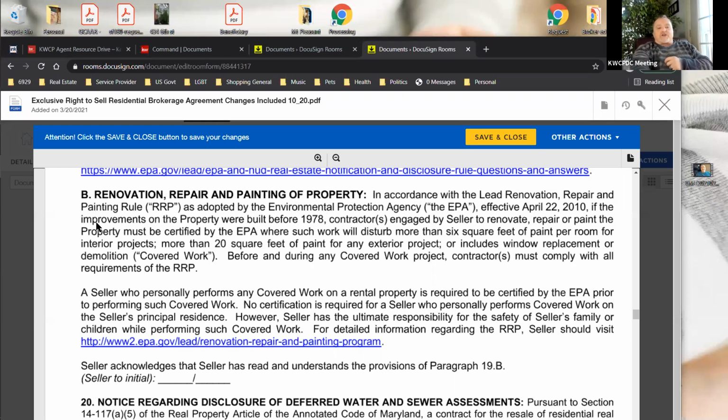Okay, if the structure was built before 1978, contractors engaged by the seller to renovate, repair, or paint the property must certify to the EPA where such work will disturb more than 6 square feet of paint per room for interior projects. So if you're going to be doing any kind of work on the house and you're going to be disturbing more than 6 square feet.